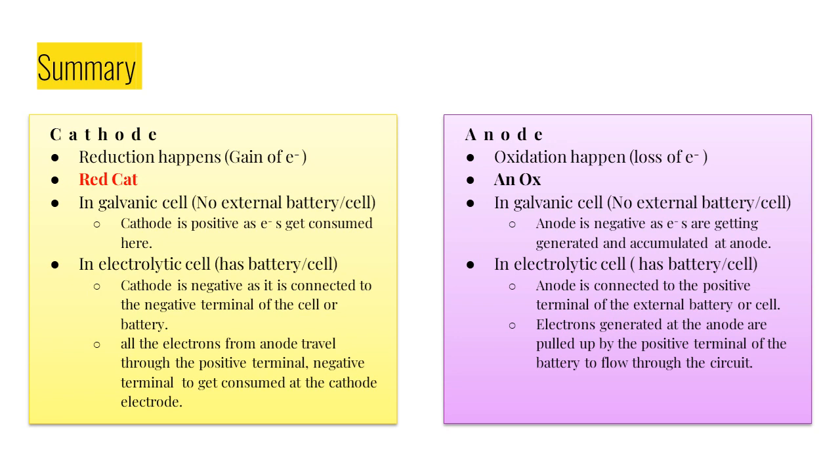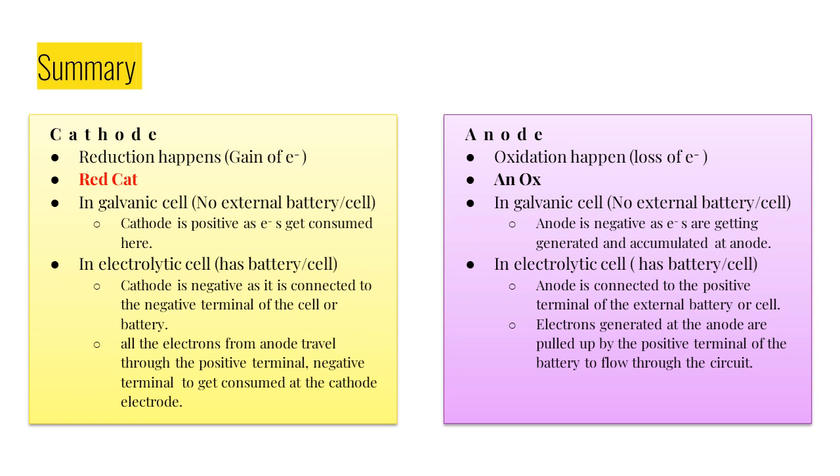Now what about the anode? The anode is connected to the positive terminal of the external battery or cell. Electrons generated at the anode are pulled up by the positive terminal of the battery to flow through the circuit. So here the anode is positive. In an electrolytic cell, the anode is positive.